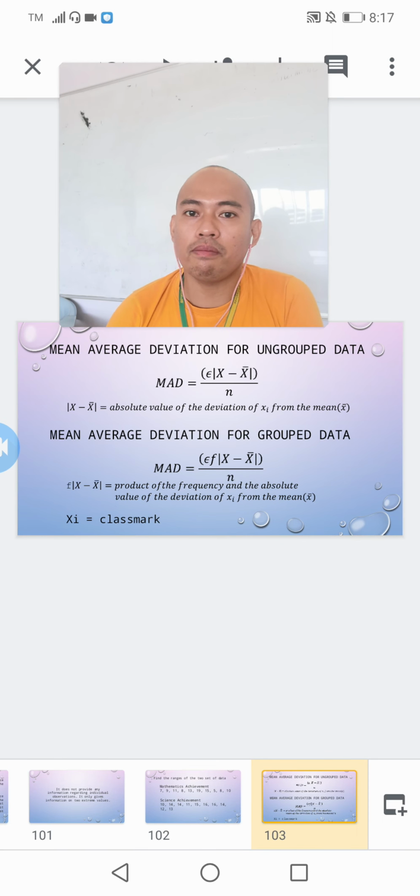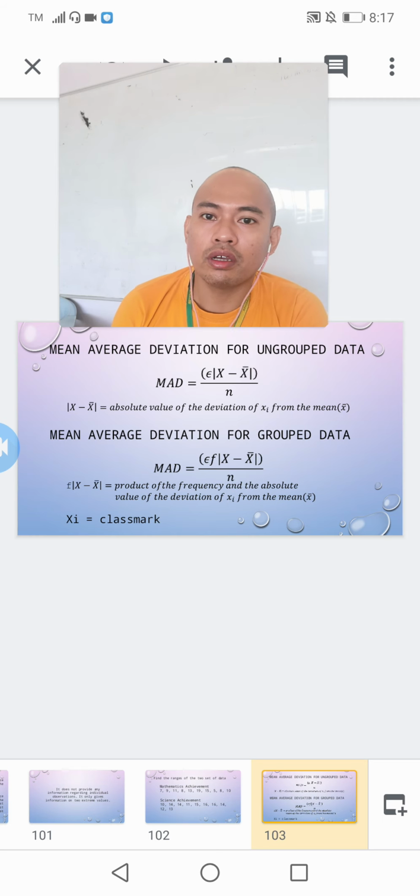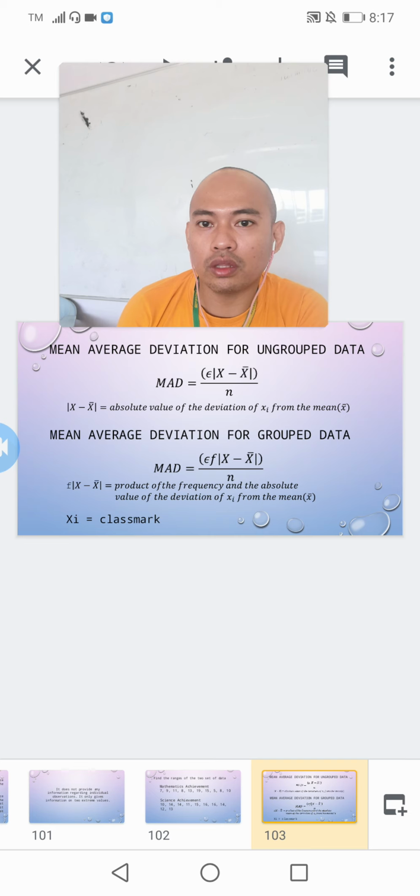This is the mean average deviation. We can have a formula for ungrouped data for this mean absolute or average deviation. We can also have another formula for grouped data. All right. So the first formula presented is the mean absolute deviation for ungrouped data.